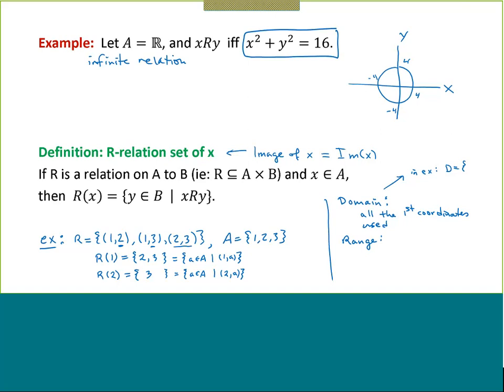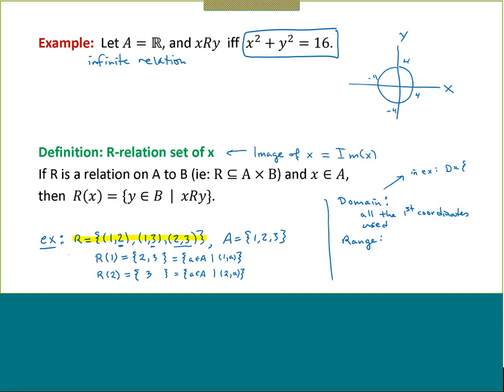What are all the first positions? Here, I'll highlight the relation so it's easier to see. We're looking at this one. So if we look at our relation right there, what would be the domain of that relation?